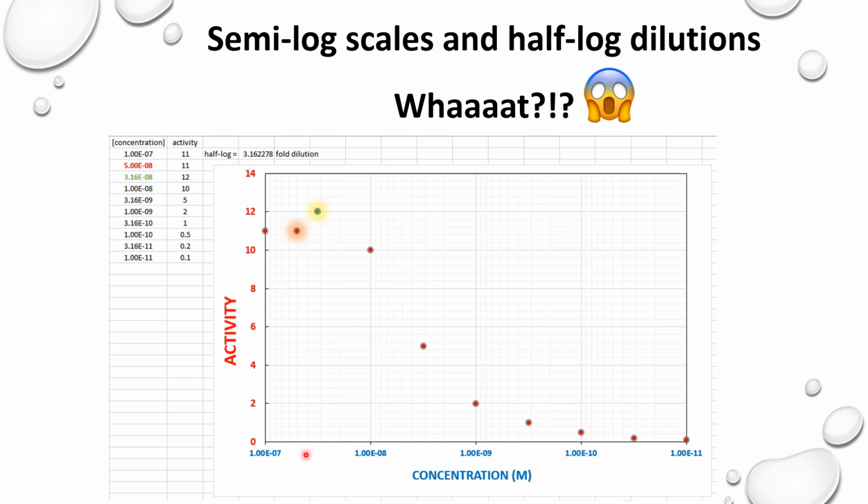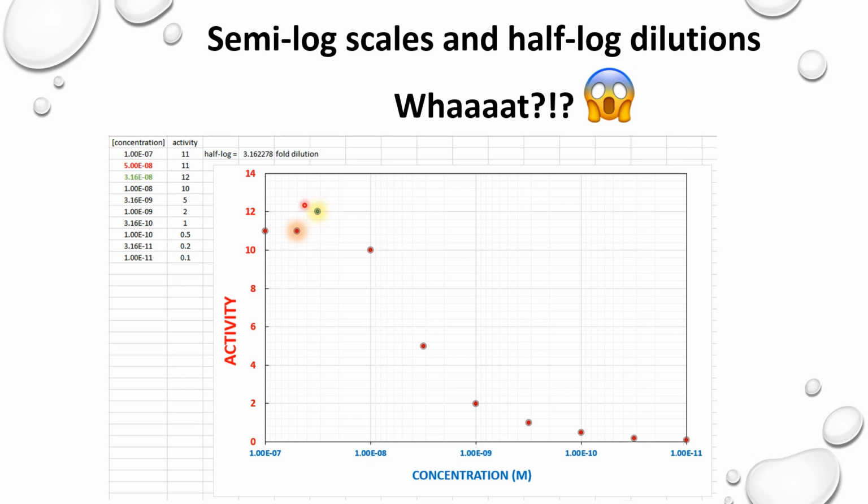So in order to get halfway in between these two concentrations, wherever you are, we actually need to do a half log dilution. So we have 10 to the power of 0.5, which is indicated here, which is a 3.162278, etc. fold dilution. And if you do that, so if we ignore this 5 here, we go from 1, we go to 3.16 times the lower concentration.